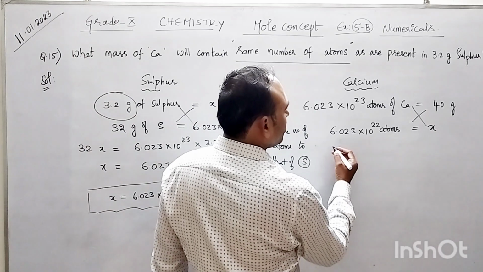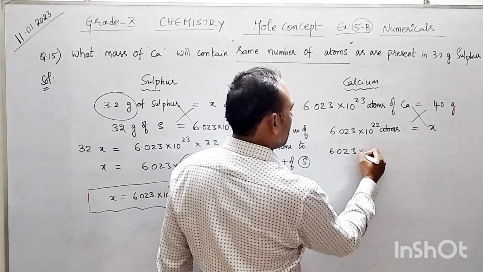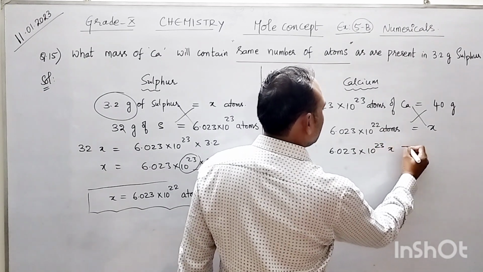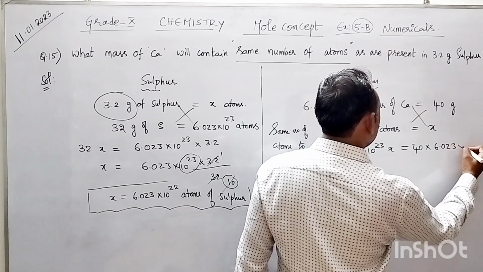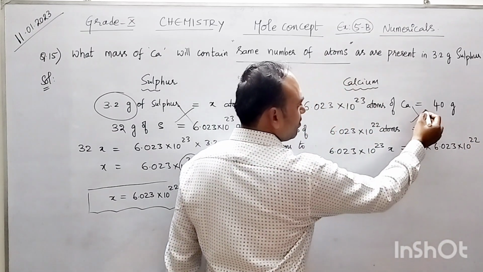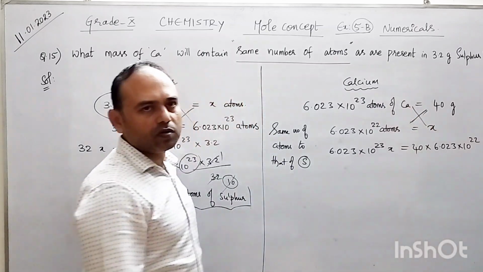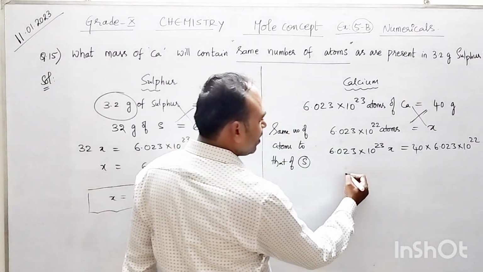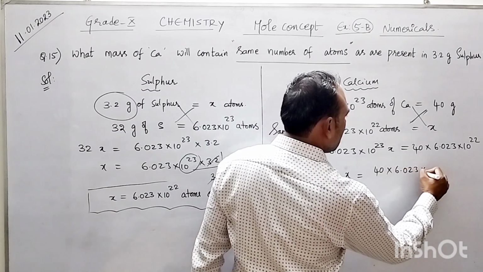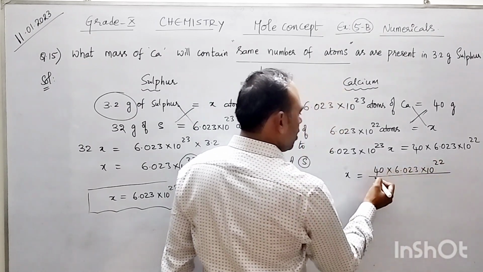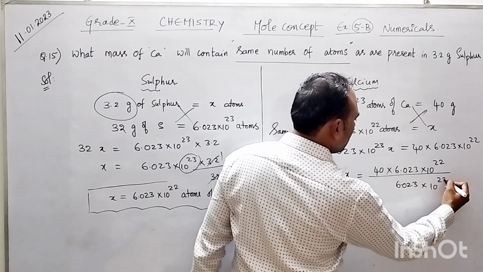Now cross multiply, what we get? 6.023 into 10 to the power of 23x is nothing but 40 into 6.023 into 10 to the power of 22. I have just multiplied this. 40 into this is equal to x into Avogadro number. Now to find out x, 40 into 6.023 into 10 to the power of 22 divided by 6.023 into 10 to the power of 23.